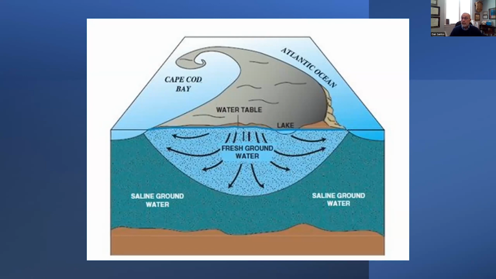Now, under the ocean, there's groundwater too, but it's salty groundwater, or saline. And there's an interface on both sides, at Cape Cod Bay and on the Atlantic Ocean or Sound side, where fresh groundwater discharges to the ocean as part of the water cycle we talked about earlier.